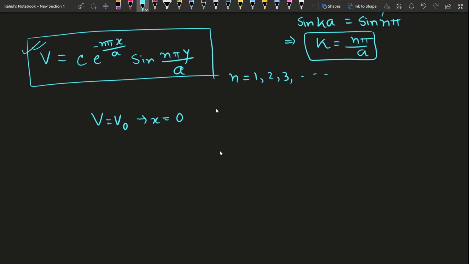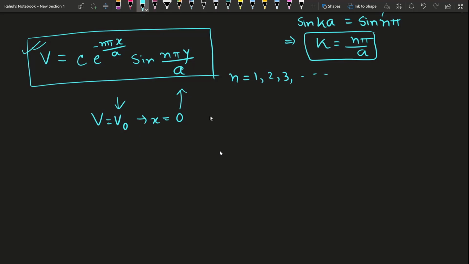But is this satisfying this expression? No, it is not. If we put x equals to 0, then this becomes 1, but y can take any value. So for different values of y, the v should change. So how could this v be a constant, right?